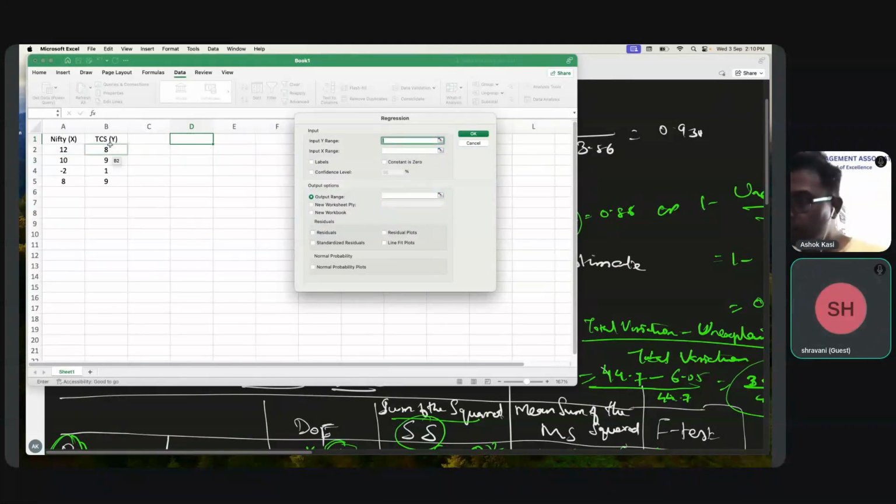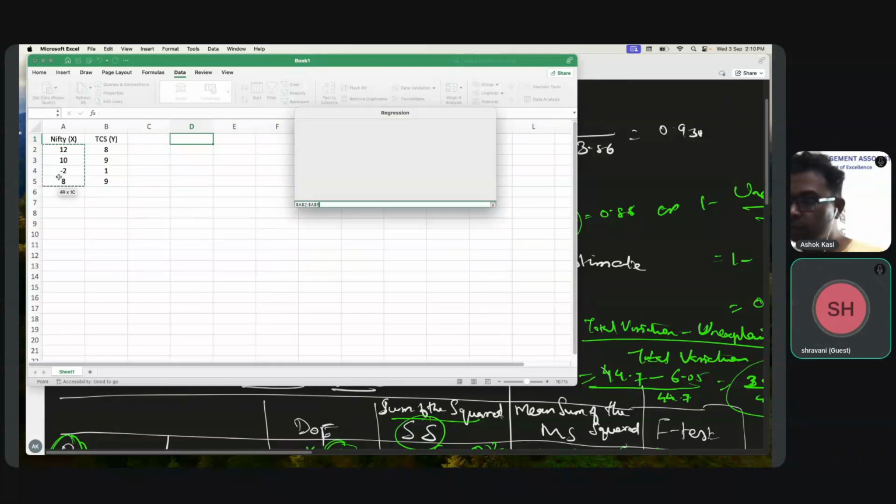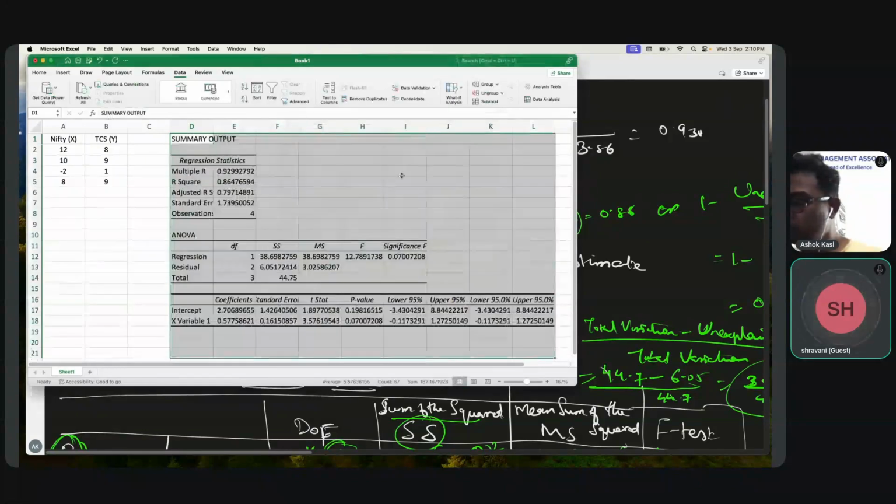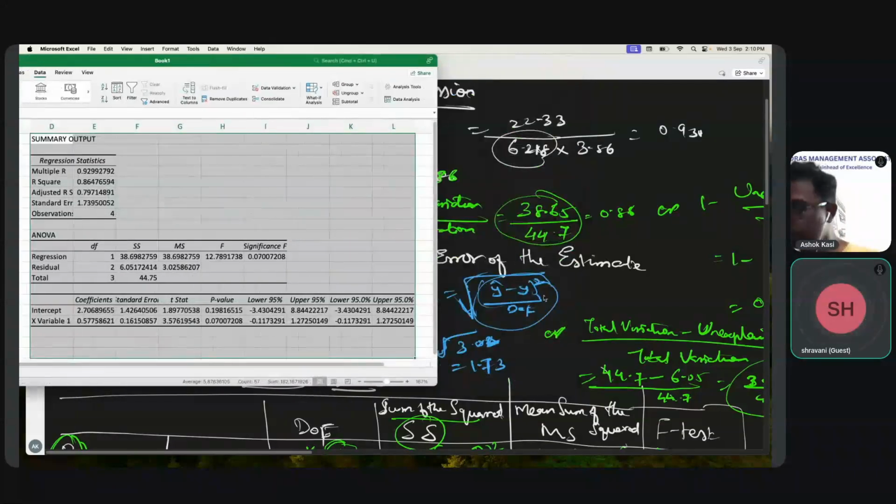Y variable is this much. X variable is this much. And output range is this one. So we can cross check the numbers.